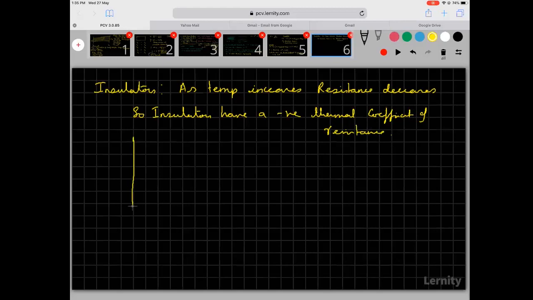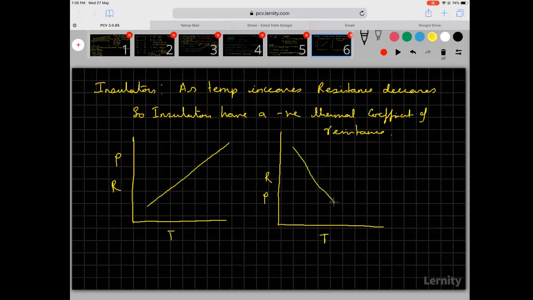That means if I have temperature on the x-axis and resistivity or resistance on the y-axis, for conductors it is like this. If I have temperature on the x-axis and resistance or resistivity on the y-axis, for insulators it is like this.